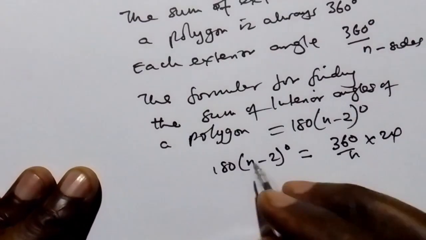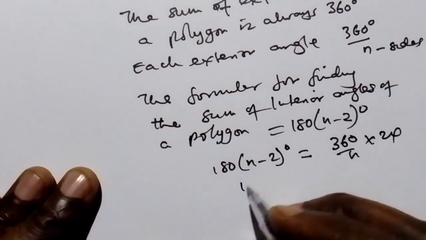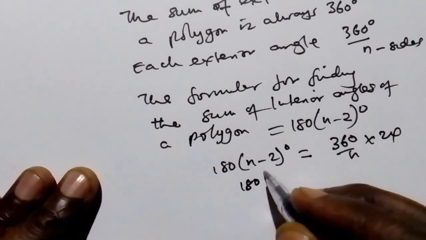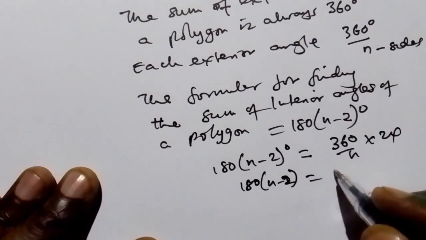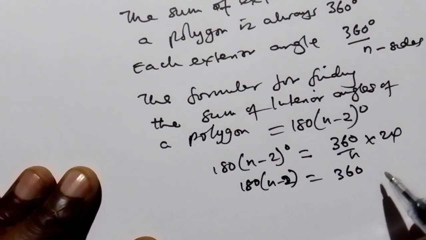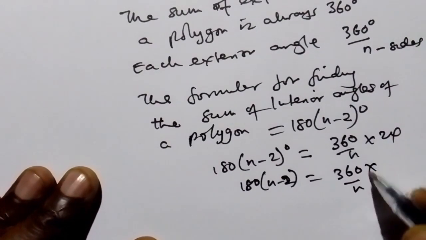So now we can say that 180 into n minus 2 is equal to 360 over n times 24.